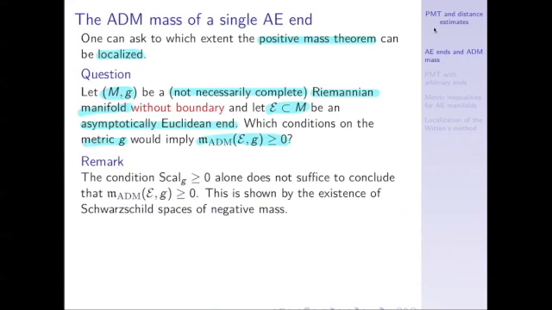The condition that the scalar curvature is non-negative is not enough to conclude that the ADM mass must be non-negative as well. To see this, just consider the Schwarzschild space of negative mass. So in this case, we have an incomplete metric that is scalar flat with negative mass.